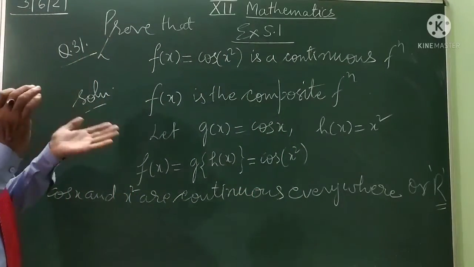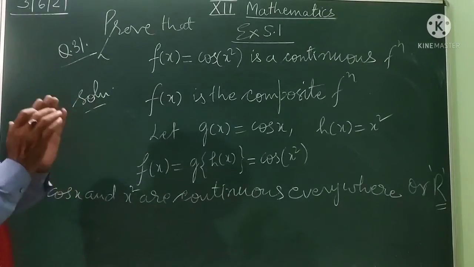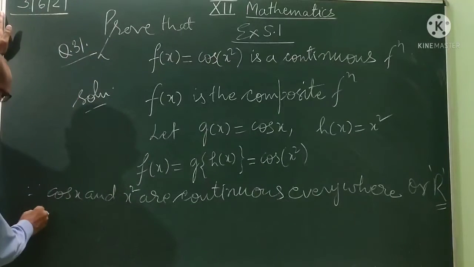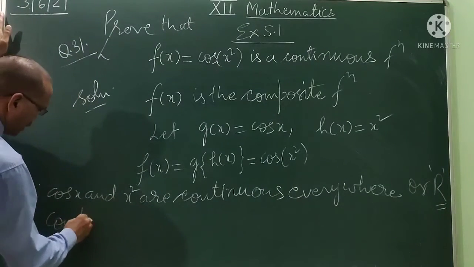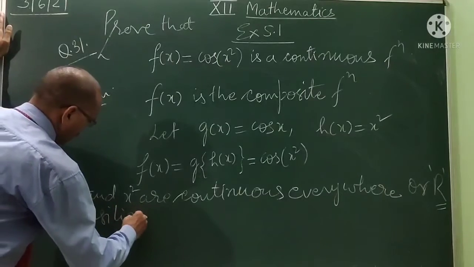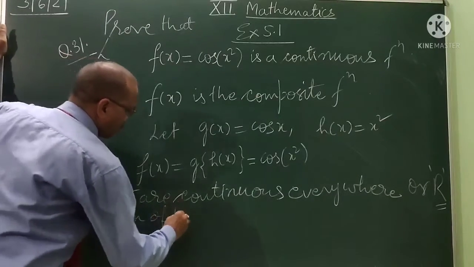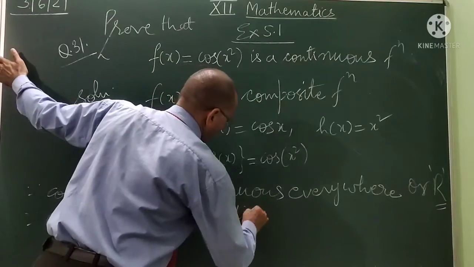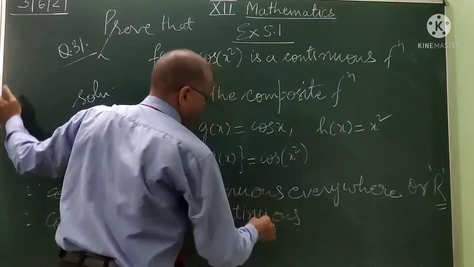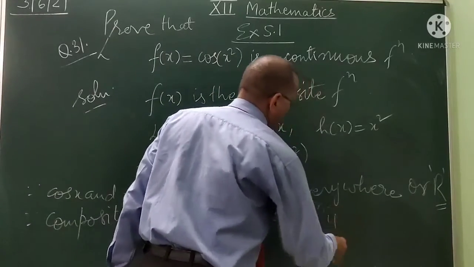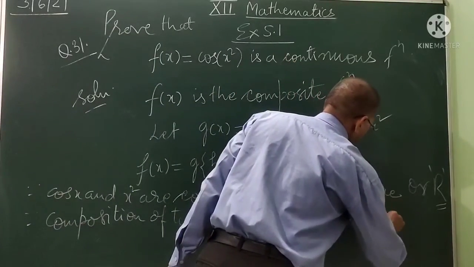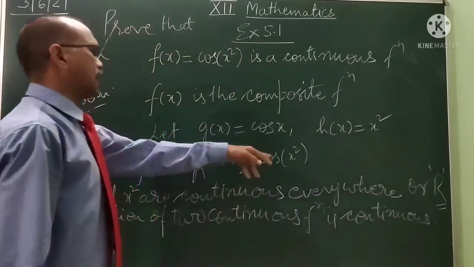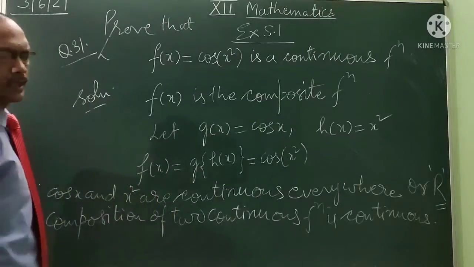And the composition of two continuous functions also will be a continuous function. Therefore, cos x square is also continuous everywhere.